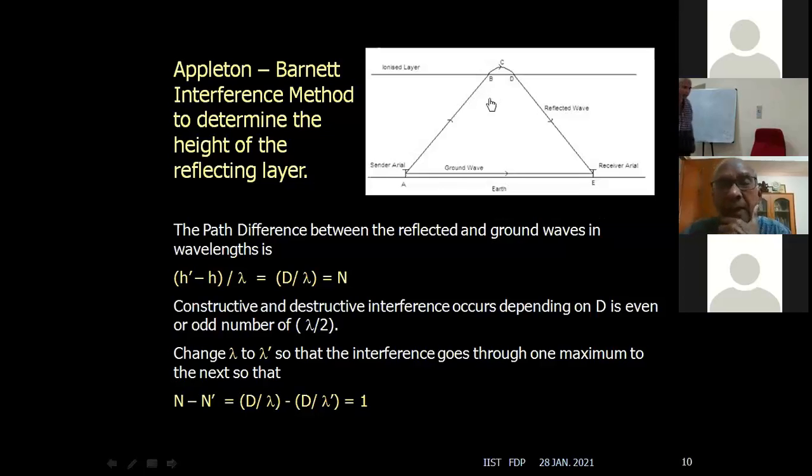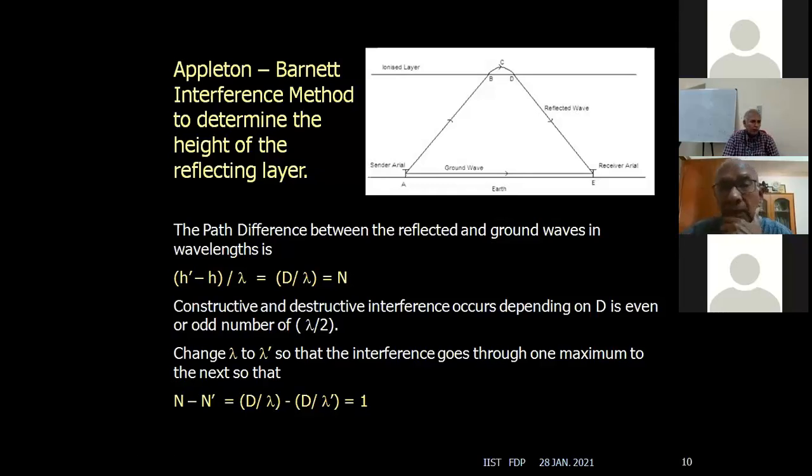That's one way. The second way is to detect the ground wave and the sky wave arriving at the receiver, where there is an interference pattern. If h dash is the total path of the sky wave and h is the path of the ground wave, that difference divided by lambda, the operating wavelength of the radio wave, gives the number of interference fringes.